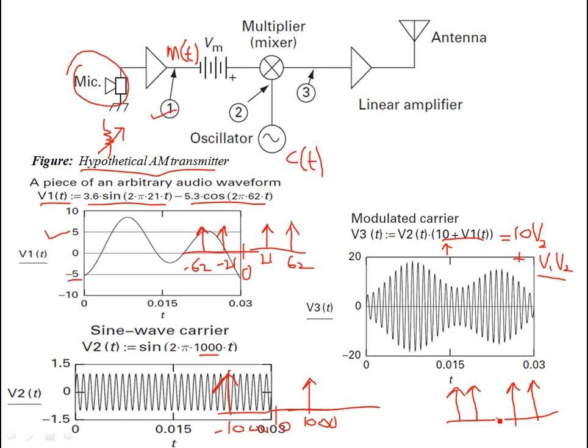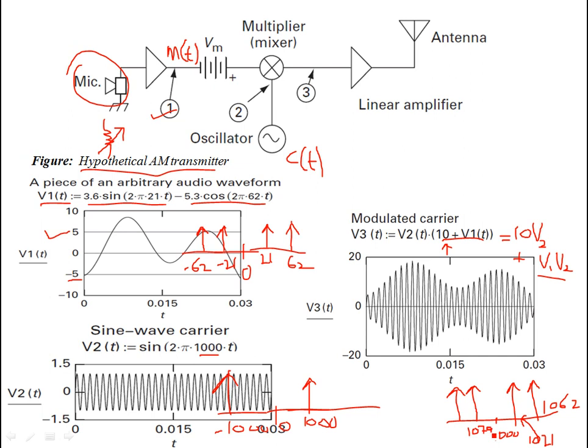For example, if this is 1000, then how much is this? This is 1021. This is 1062. And similarly, this is 1000 minus 21, which is 979.